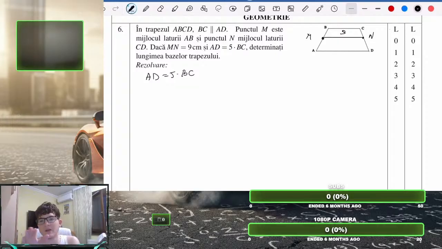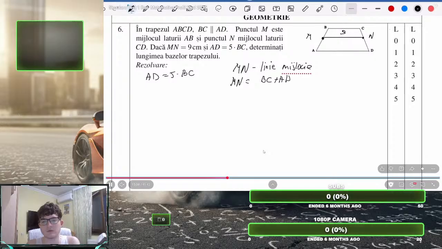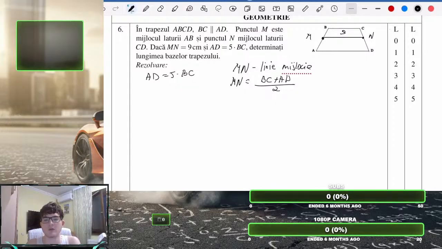I think this line in the middle, if it's 9, I think this means that AD is 18 or stuff like that. MN is essentially BC plus AD divided by 2, so that's the property. Okay.